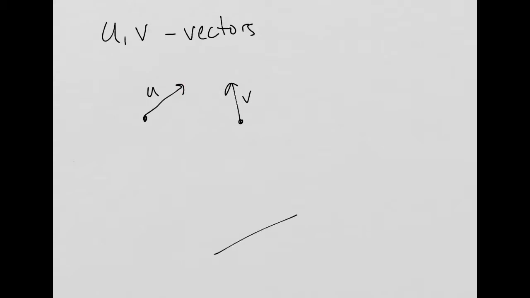So there's U, and I'm going to shift this down to here. So there's V. And what I do, trace out the parallelogram that would be formed by the 2 of these.